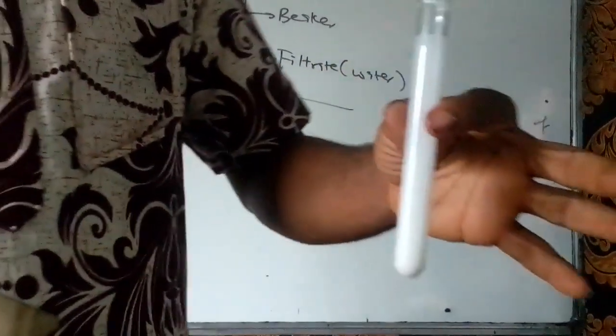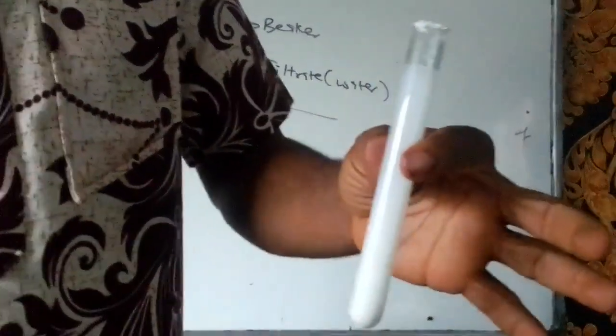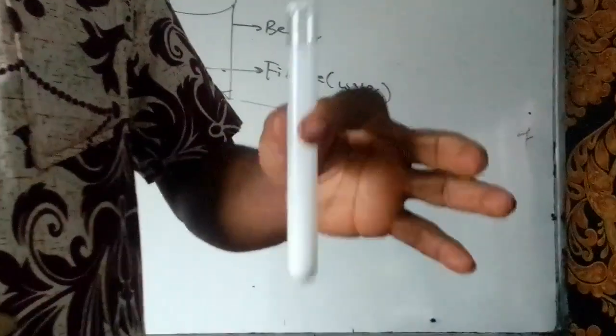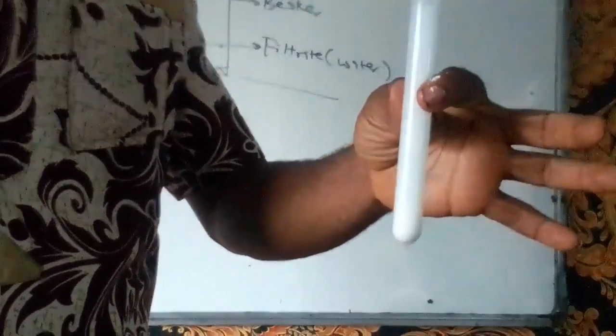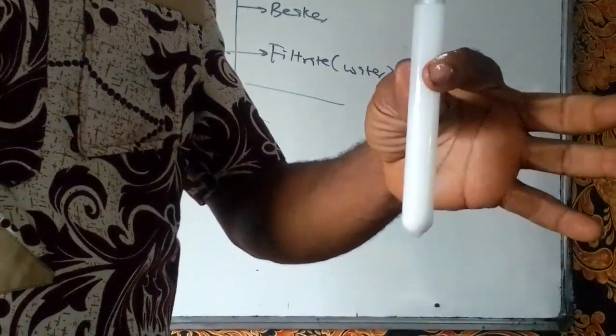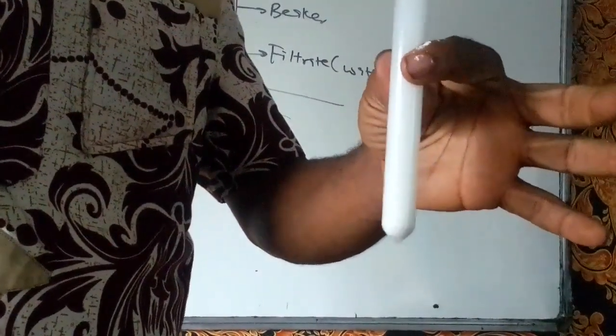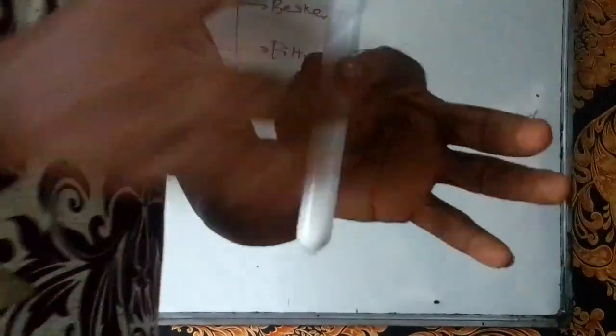Before I filter this, I need to stir the mixture or shake it to make sure the particles are well distributed. So let's shake. You see that the mixture has a white appearance, showing that the zinc carbonate is insoluble in the water.